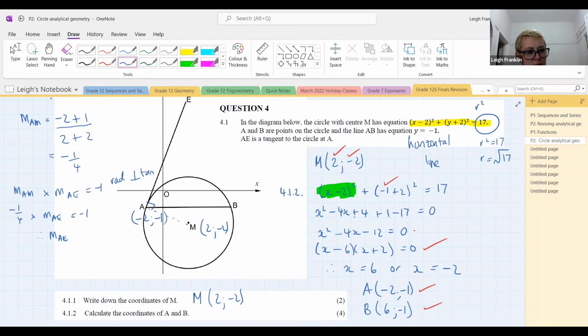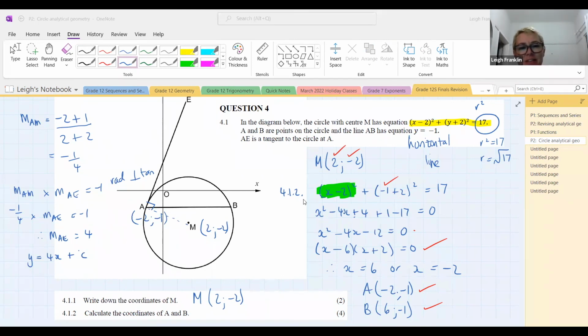What are you guys getting as an answer for the gradient of AE? Four, I agree, Shamu, I agree. Can you see it? It would be 4. So now we can say y equals 4x plus c.